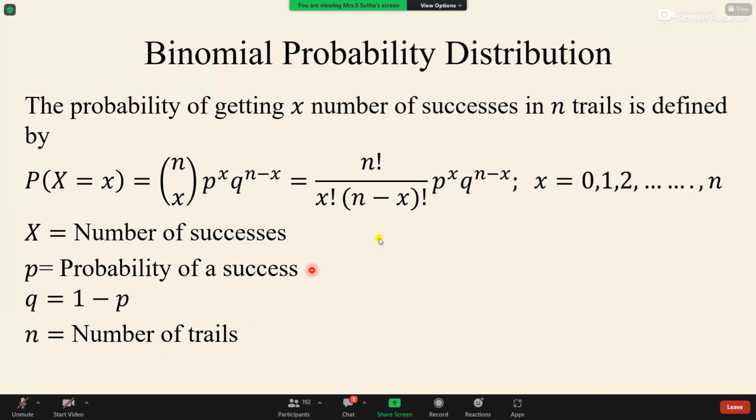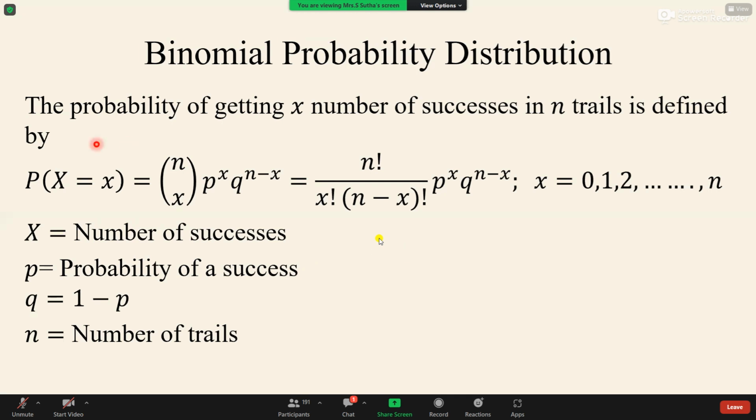Right. Then the binomial probability distribution. How are we defining a binomial probability distribution? Already we defined a discrete probability distribution in a table form, and we also looked at how we can define a discrete probability distribution in a graphical form or in a list form. But here we are introducing a discrete probability distribution by using a formula, right?